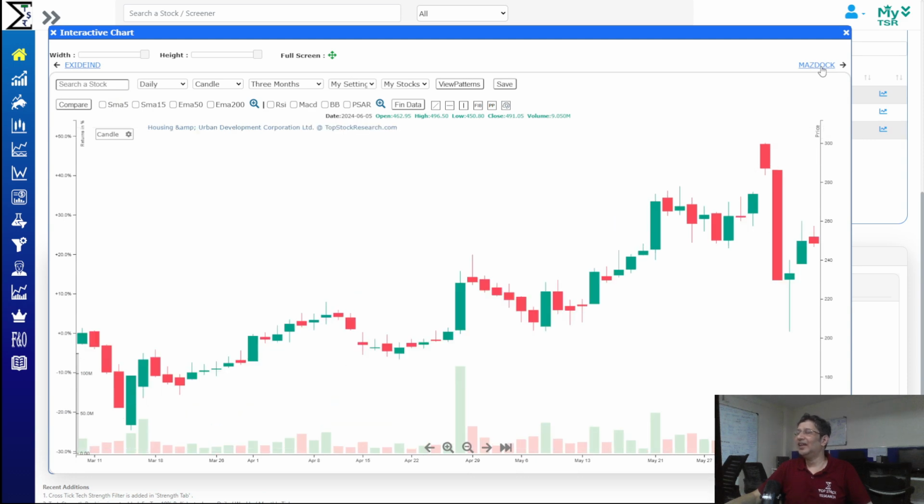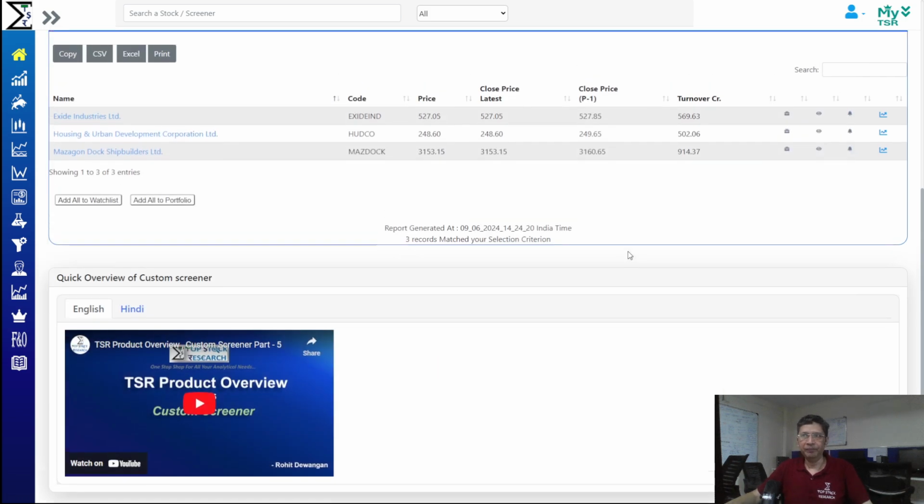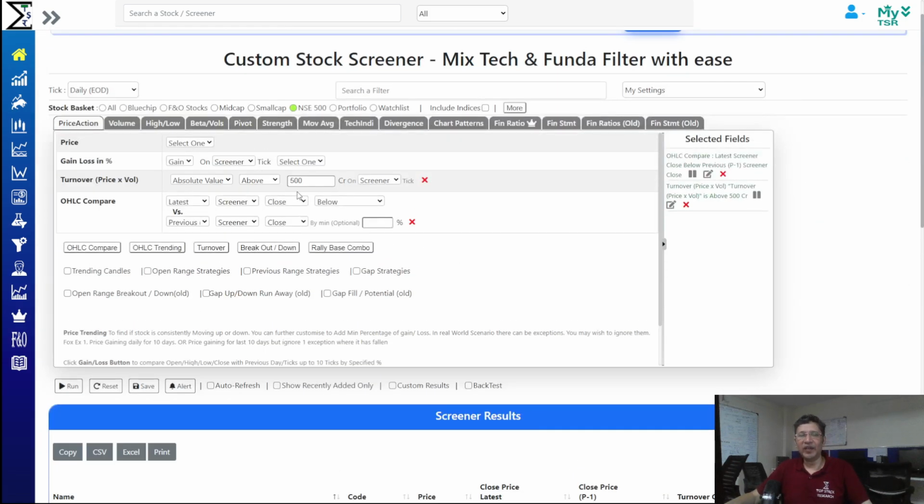It gives you a very different perspective. All three stocks had turnover above 500 crores, but moved down. So the bias is slightly on the negative side. More money was pulled out compared to what went into the system. So it's that combination. You can look at absolute numbers or other things.